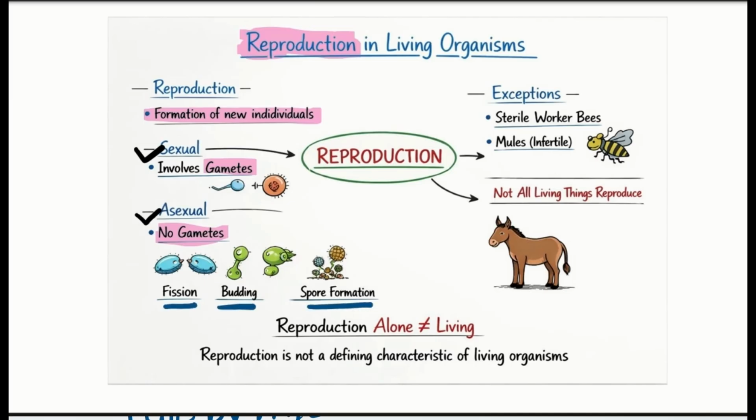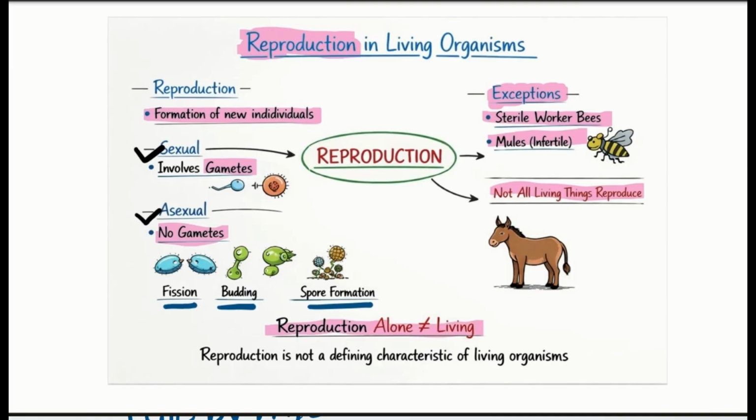Now here comes a very important point. Not all living organisms reproduce. For example, sterile worker bees or mules, they are living but they cannot reproduce. So what does this tell us? Reproduction is not present in all living organisms.